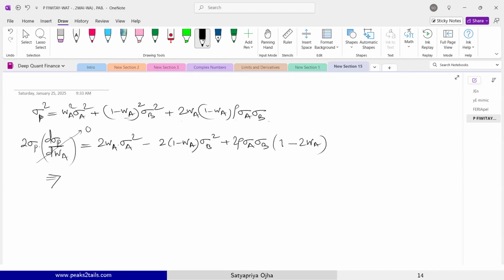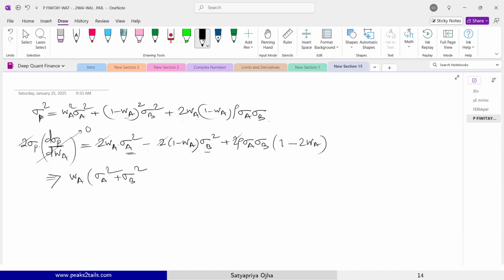So this implies, let's take wA, let's do one thing. The 2s cancel out. Take wA common, we have sigma A squared from here, then minus minus plus sigma B squared from here, right?